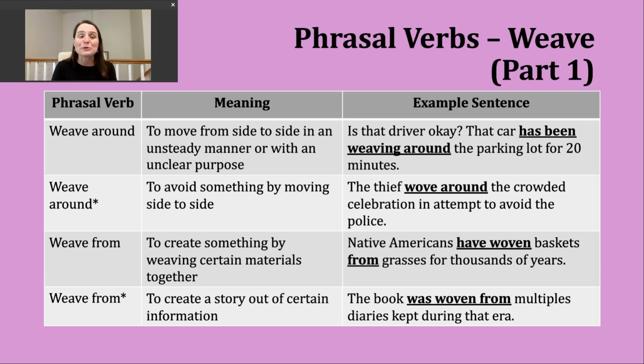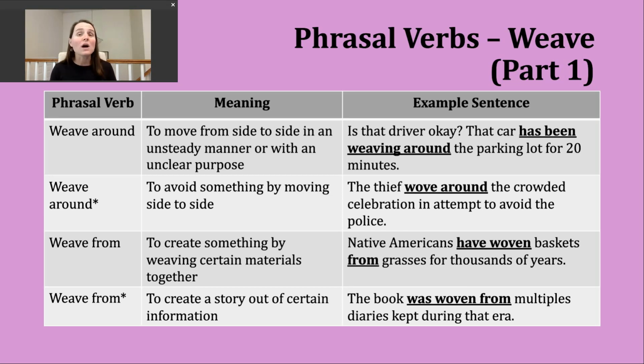A second way to use weave from is to mean to create a story. And what comes after the from here is the information or the source of information for that particular story. An example of that might be the book was woven from multiple diaries kept during that era.